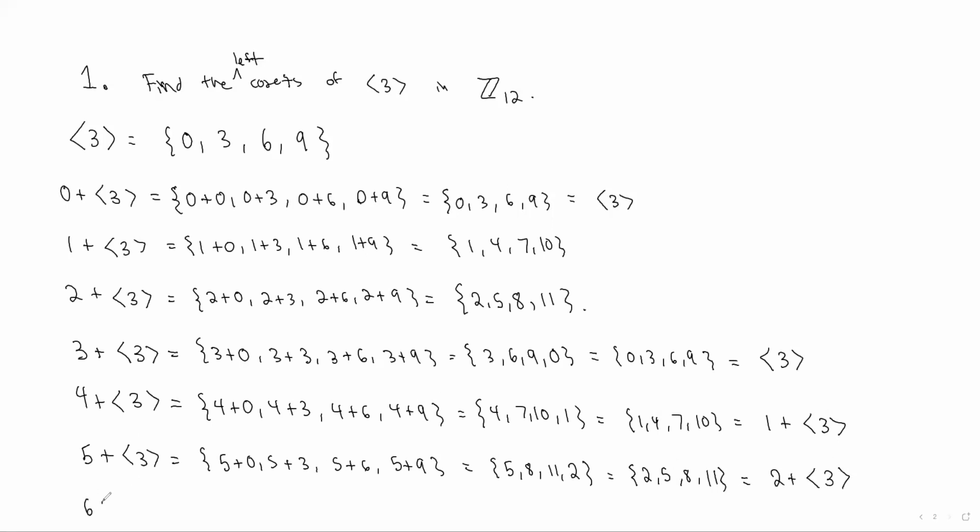And then 6 plus 3: again, you get the same subgroup back. So 6 plus 0 is 6, 6 plus 3 is 9, 6 plus 6 is 12, which is 0 in Z12, 6 plus 9 is 15, which is 3 in Z12. So again, you get 0, 3, 6, 9.